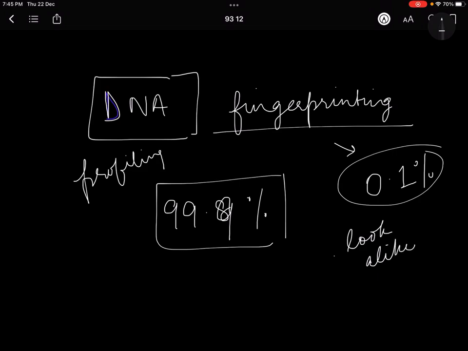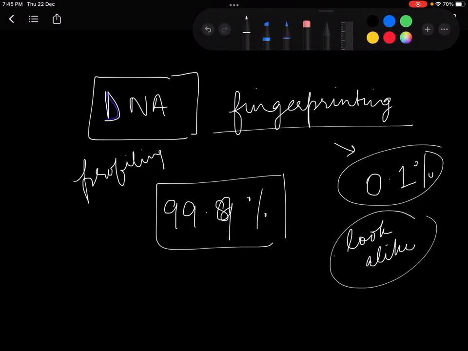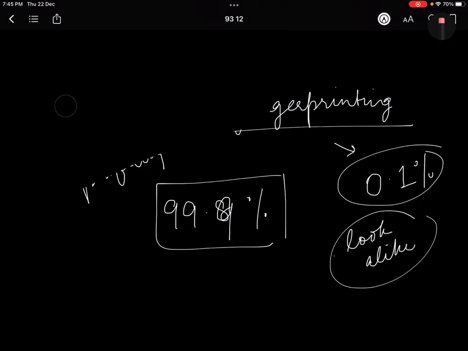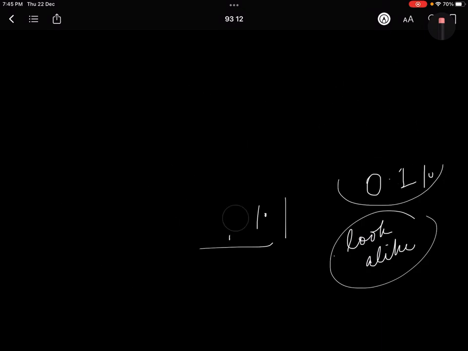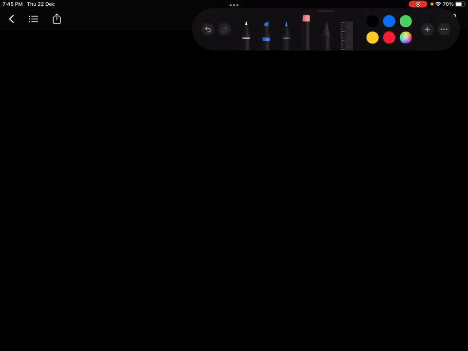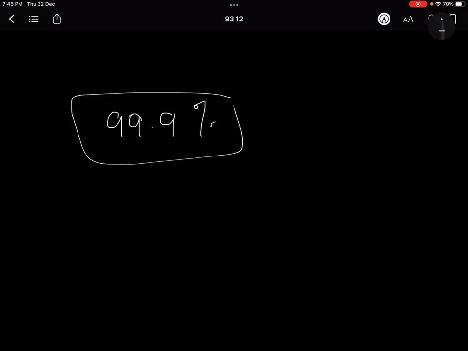That is the genetic polymorphism that is there in us. These are the little things that have made us look different from each other. But having said so, 99.9% of our genetic makeup is the same, and there is a 0.1% difference.